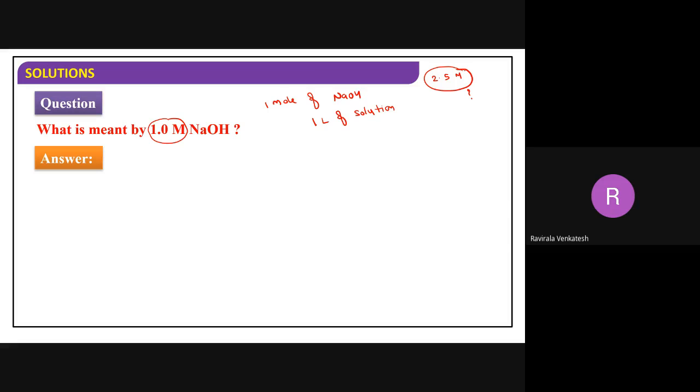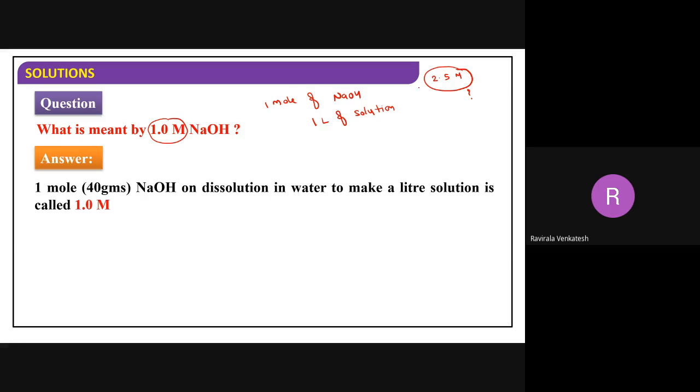Okay. Now, molarity you can take in terms of moles for 1 liter solution, because we have just discussed the definition. So the meaning of 1 molarity of NaOH is 1 mole of NaOH in 1 liter solution. To make 1 liter solution you need 1 mole, and 1 mole is equal to 40 grams. Why? Because molarity is equal to weight by gram molecular weight.